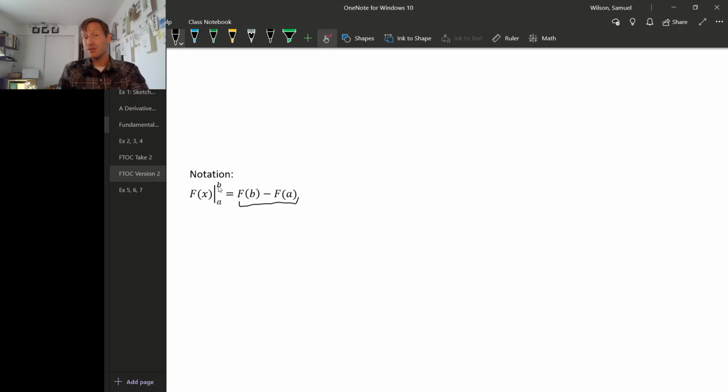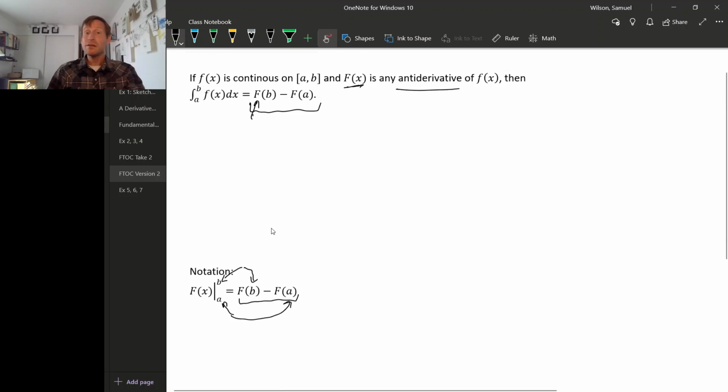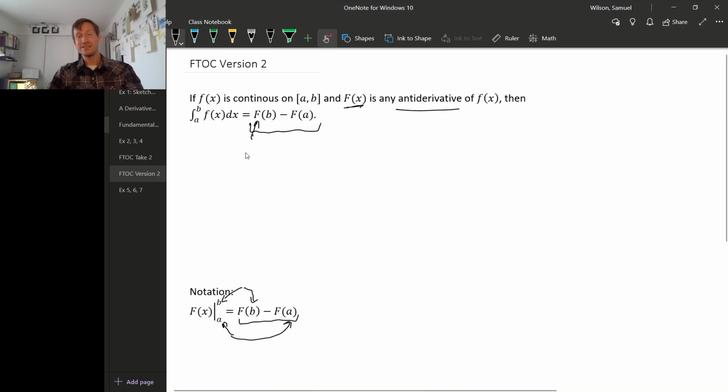Notice that the order of the bounds is important, because the top bound is first and the bottom bound is second. So order matters here.